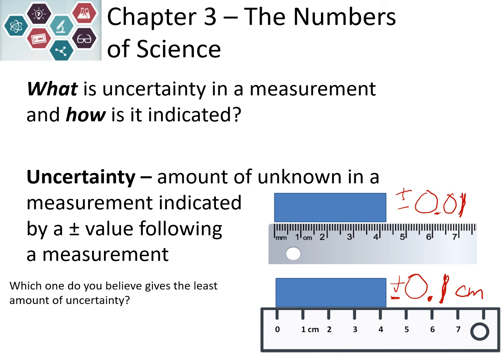And so the uncertainty in this measurement is 0.01 centimeters because that is the first place that we have to estimate our reading. Now we cannot record more decimal places than that, and we should not record fewer decimal places than that. We want to record to that first uncertain digit.